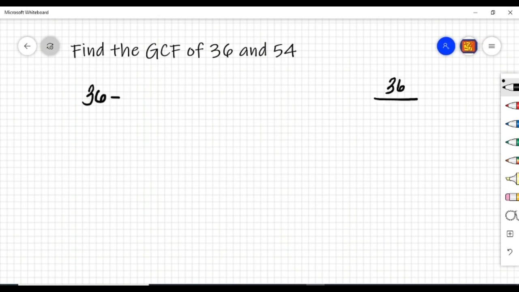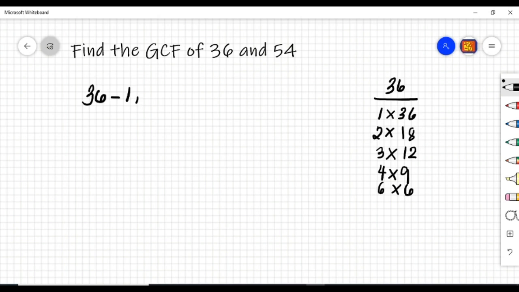So we have 1 times 36, 2 times 18, 3 times 12, 4 times 9, and 6 times 6.